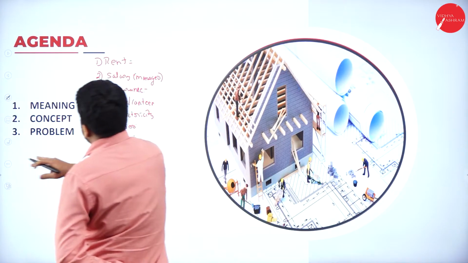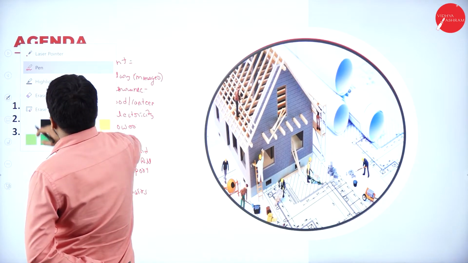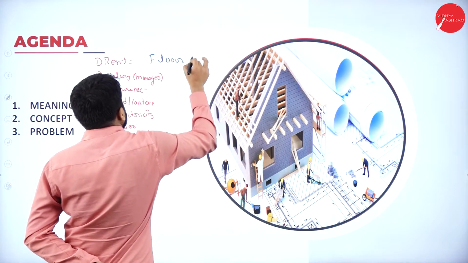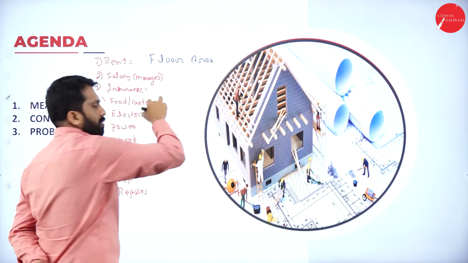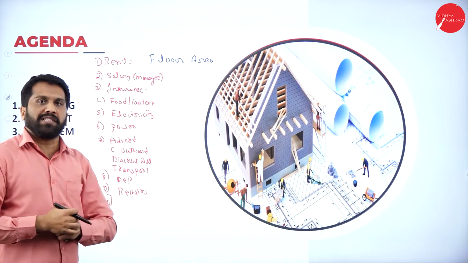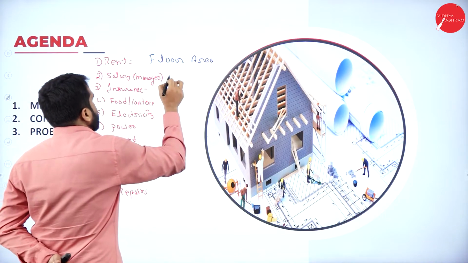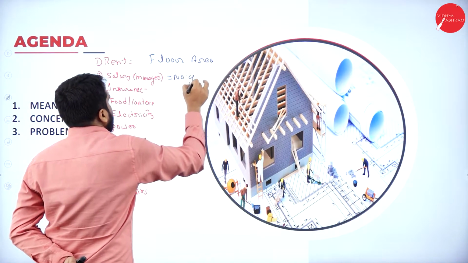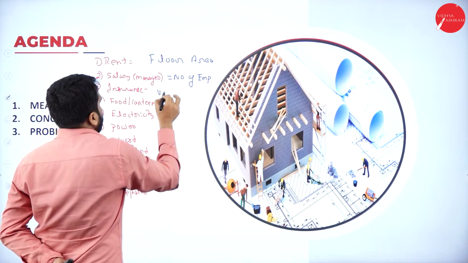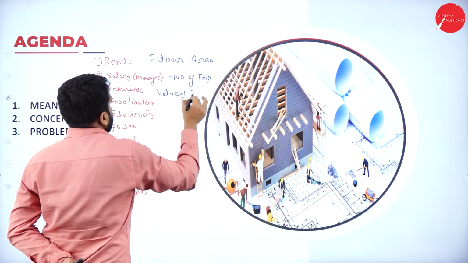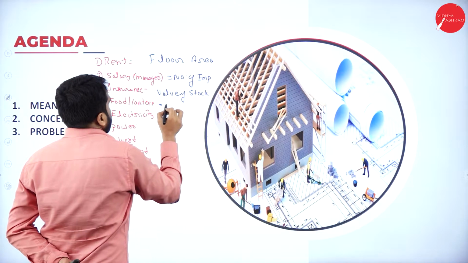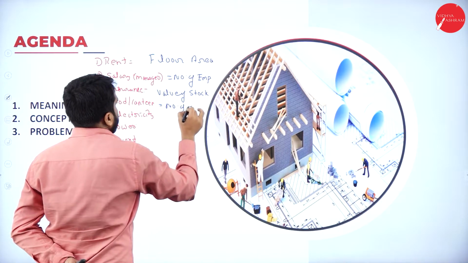Now, in case of rent, it has to be distributed on the basis of floor area. This example only I gave you. Rent is distributed on floor area, how much space you have occupied. Manager's salary on number of employees. Insurance, value of stock. Food or canteen, number of employees.